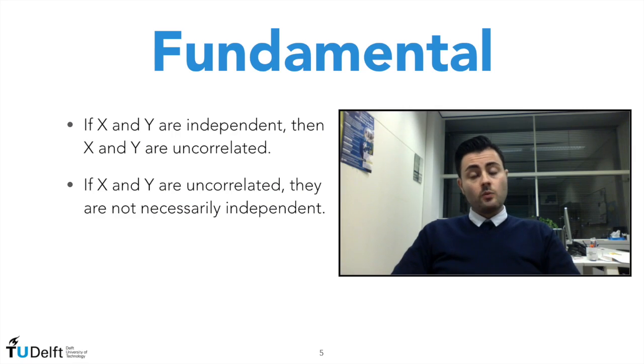So I repeat, I know I can be boring, but I think it's very important to underline this. If x and y are independent, then they are for sure uncorrelated. But if x and y are uncorrelated, we have no guarantee about the fact that x and y are really independent.